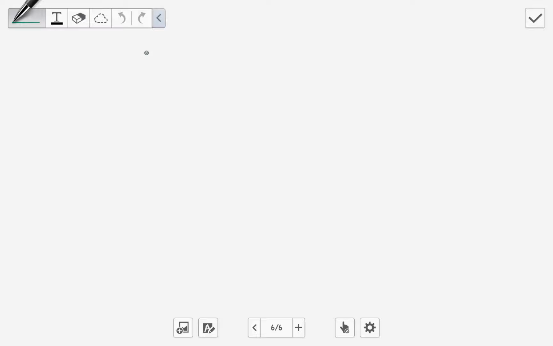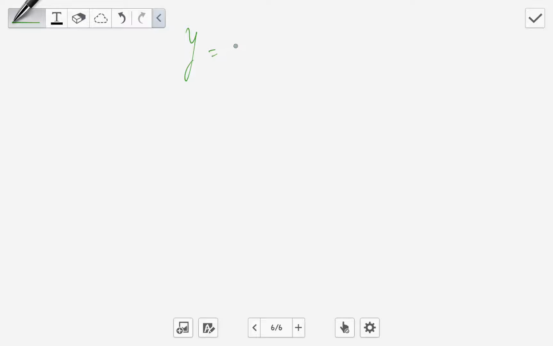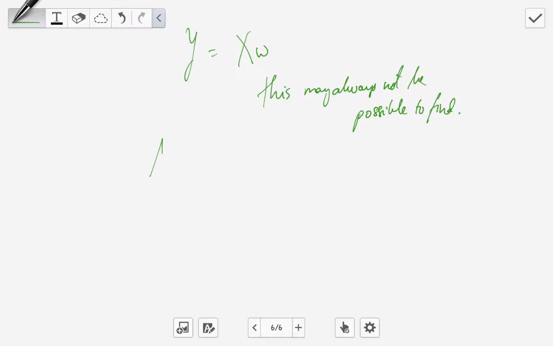We said that we wanted to find y minus xw, and this may not always be possible to find. So we said we will find the minimum, because this is equivalent to finding y minus xw equal to 0.